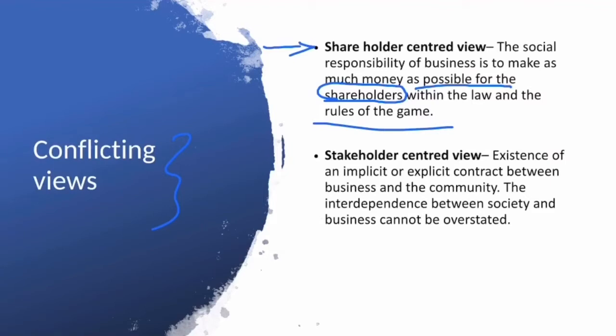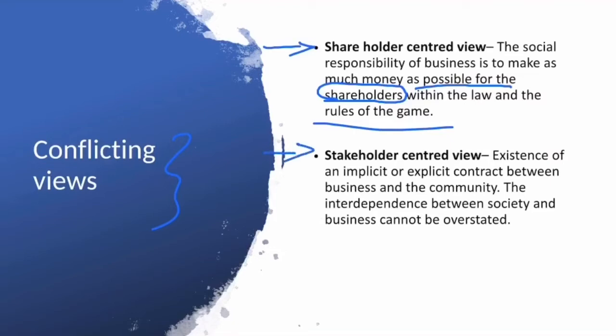Basically, people who have invested money want their money back, right? And they want it double and triple. So this view focuses on the individuals who are investing in the business getting their money back, and that should be the first priority of the business as long as it falls within government and law rules and policies.